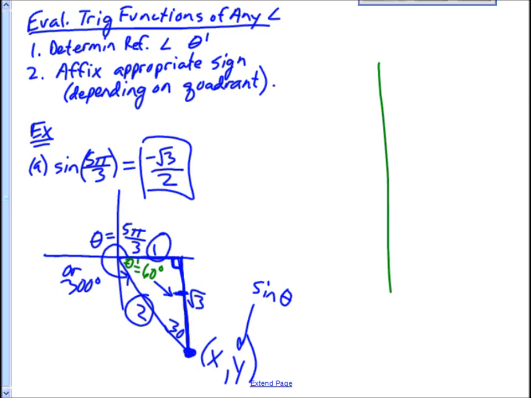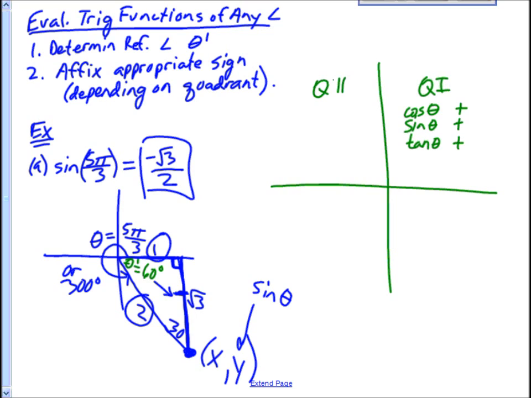So if you think about all the quadrants, okay? In your quadrant 1, your x value, your cosine value is positive. Your sine value is positive, right? Of course, your tangent value, your sine over cosine, is also going to be positive.